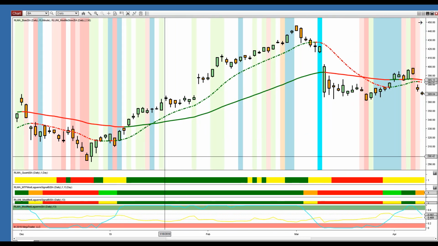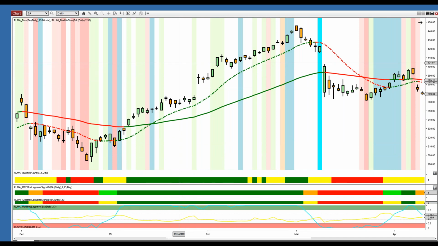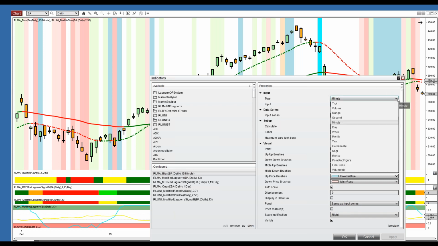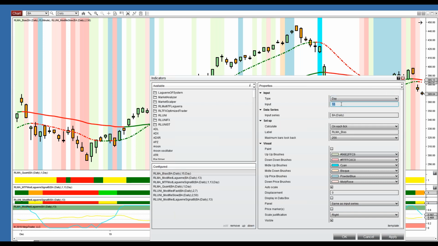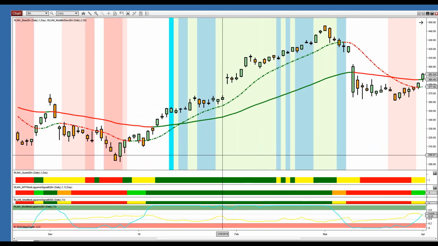I mean, you almost got background alignment here to the upside. Now, let me just look at bias. Oh, I didn't change it. I knew there was a problem. Day 1. There we go. So there's a signal right there on the gapper.